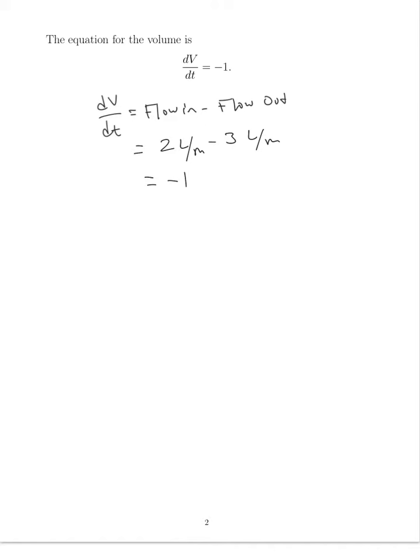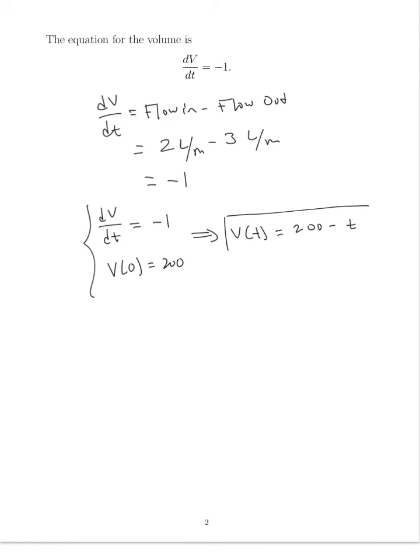We have dv/dt equal to minus 1, and I know that the initial volume was 200. This can be easily solved, and we get that the solution is 200 minus t, right? You can easily check by taking the derivative. So we have found out what the volume is.